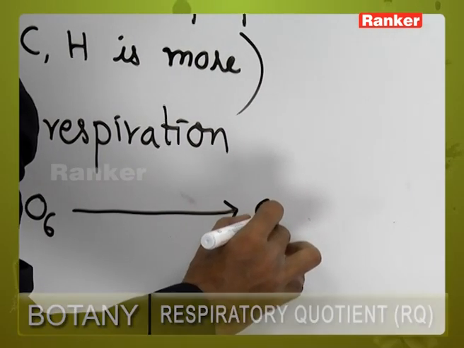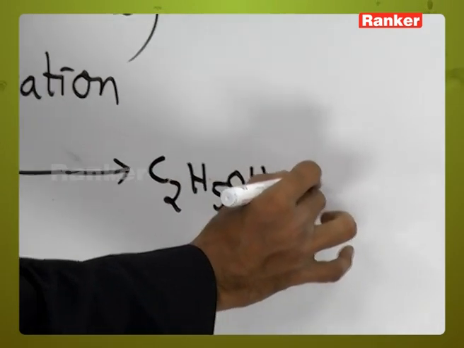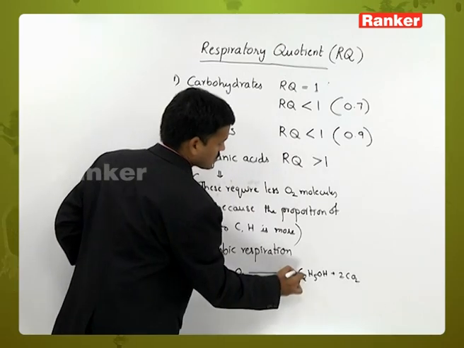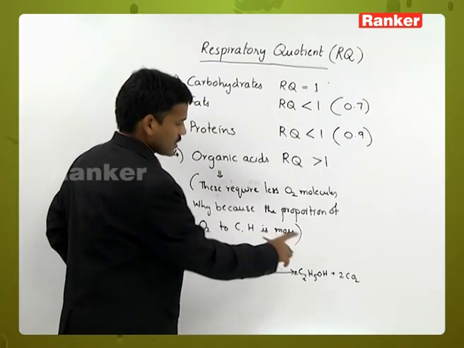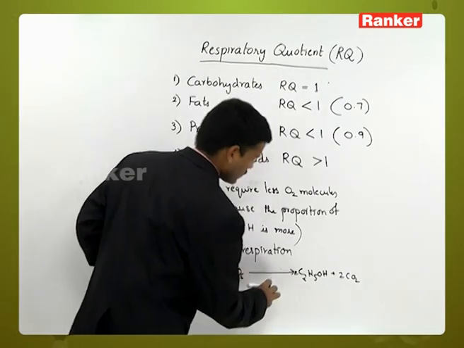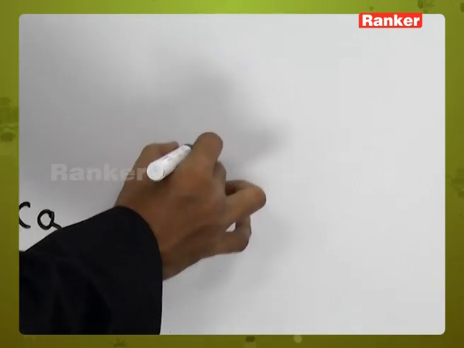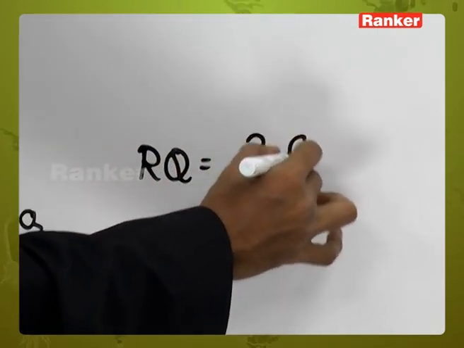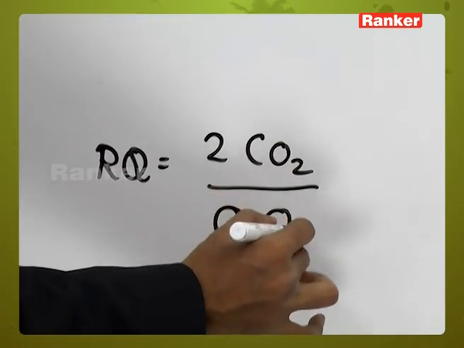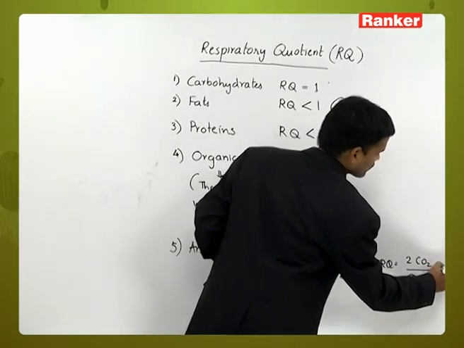Here ethanol and carbon dioxide, 2 CO2s are released, but no oxygen is consumed. So for the RQ values, 2 CO2s are evolved but 0 oxygen molecules are consumed. So 2 by 0 is infinity.